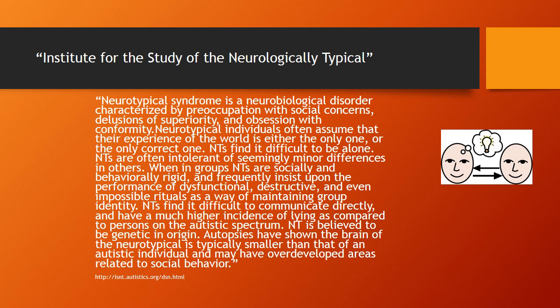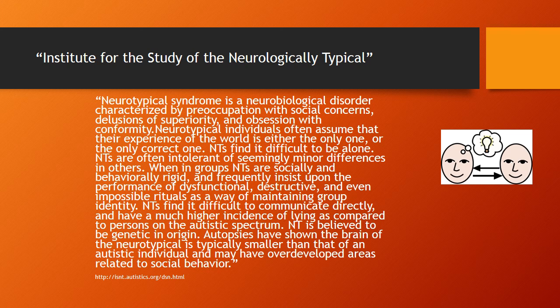Neurotypical syndrome is a neurobiological disorder characterized by preoccupation with social concerns, delusions of superiority, and obsession with conformity. Neurotypical individuals often assume that their experience of the world is either the only one or the only correct one. Neurotypicals find it difficult to be alone. Neurotypicals are often intolerant of seemingly minor differences in others.